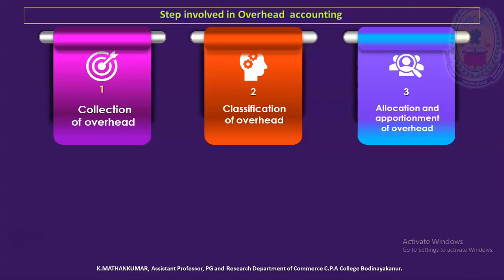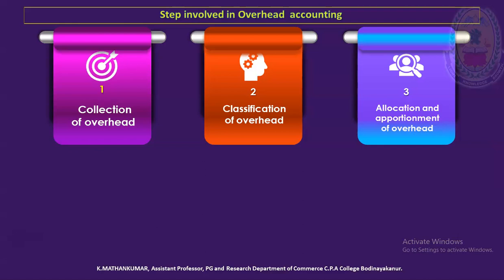Then apportionment is the allotment of expenses which cannot be identified with a particular department. Such expenses can be apportioned to two or more cost units.